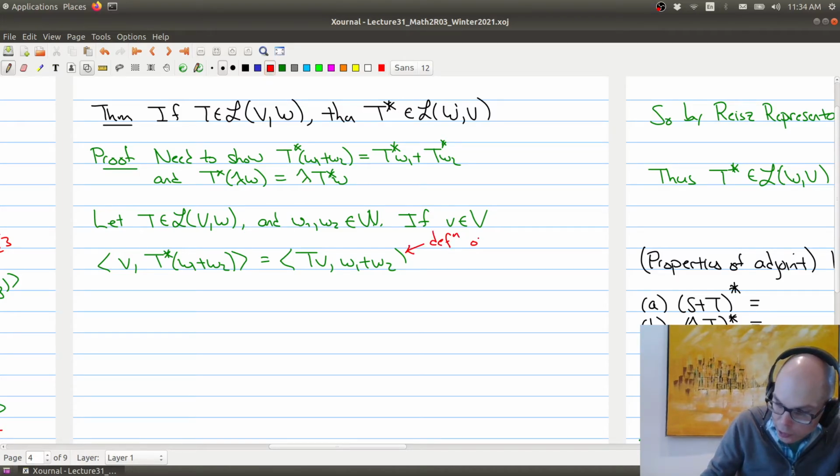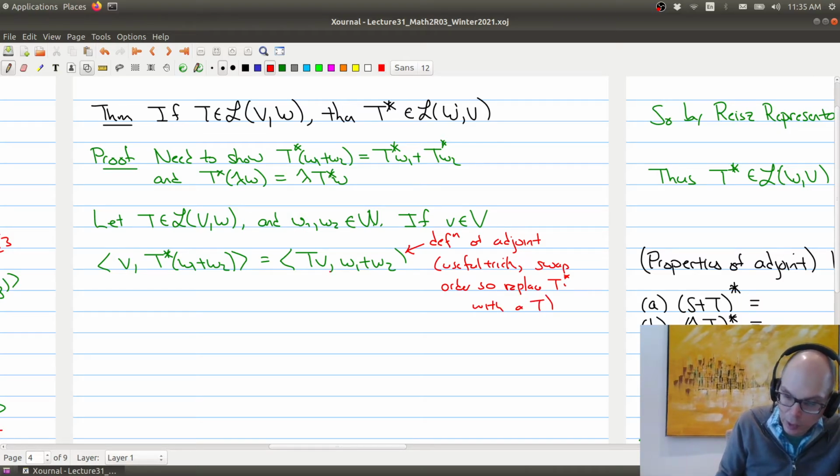So the definition of the adjoint is a useful trick. We swap order, replacing T star with T, and usually that's something that we're given.